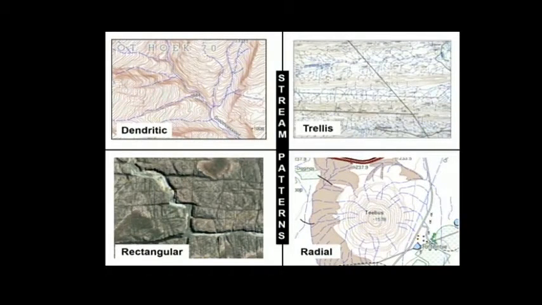That's why we've got the dendritic pattern. Uniform means the same type of rocks. You must also know what causes your radial pattern. I could have a mesa or a conical hill and all the streams flow down the hill. That is why I've got my radial pattern. So please, people, see that you know all these things. This is easy work, all right? See that you know what to do with this.